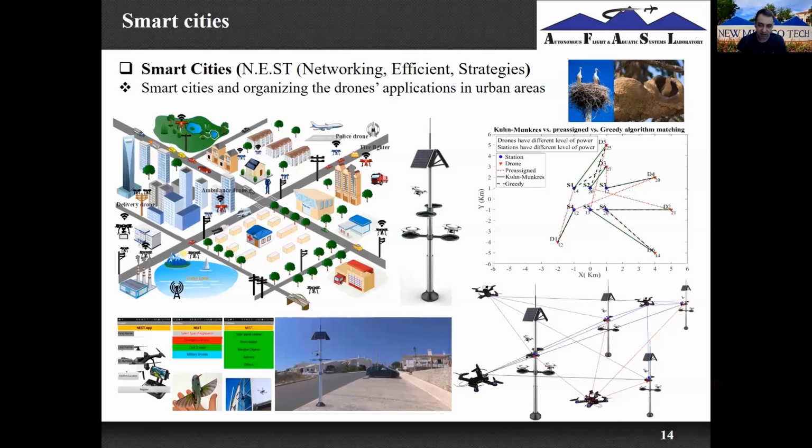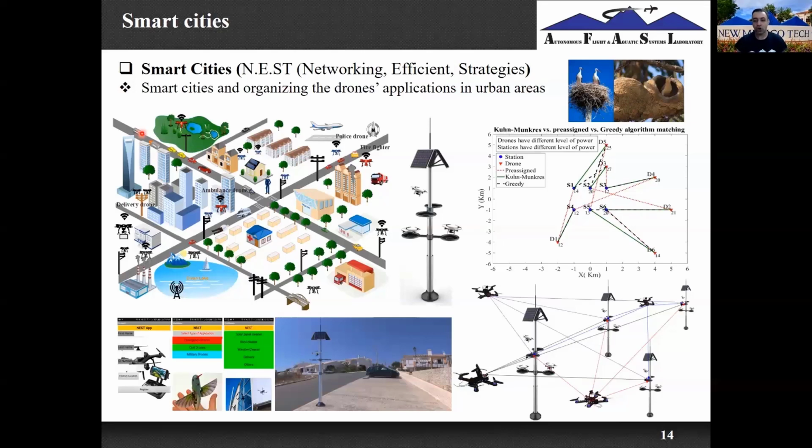But this concept that we are looking at, and we have called it NEST, is a network efficient strategy, which is exactly like the nest of the birds. What we are thinking about is, if you want to apply drones in the cities, which is called a smart city, we want to make our city smart.